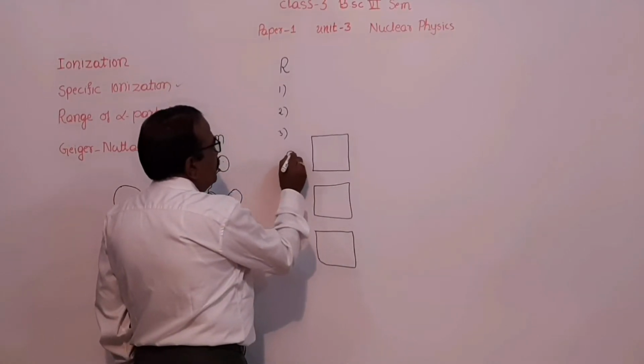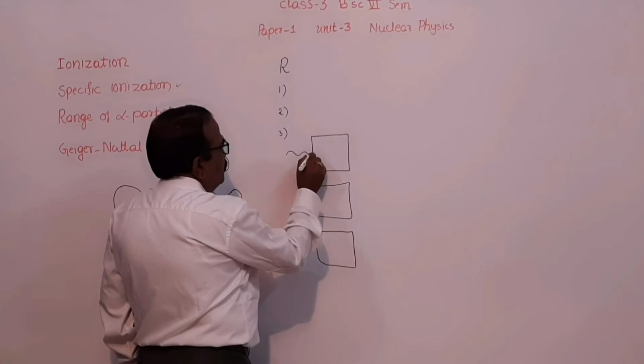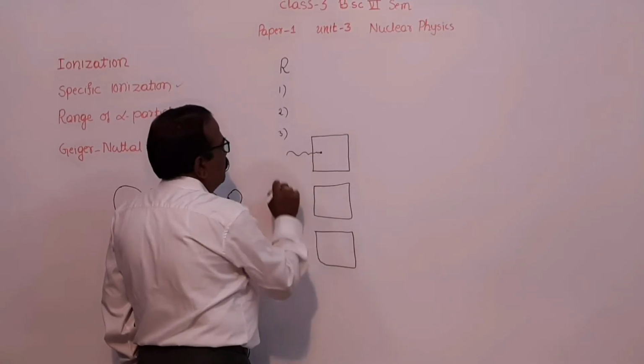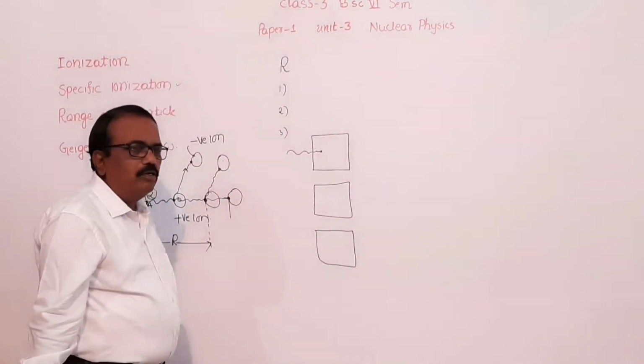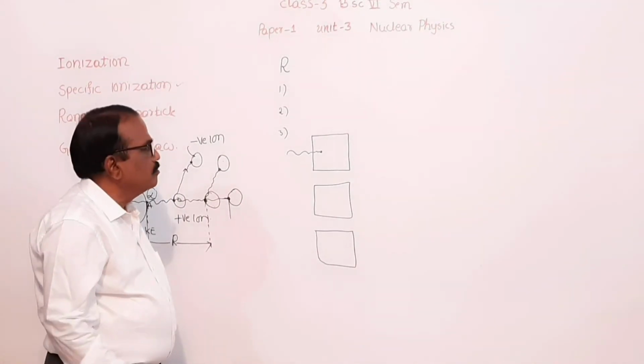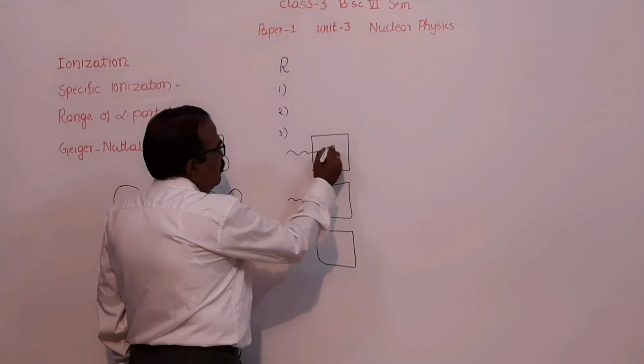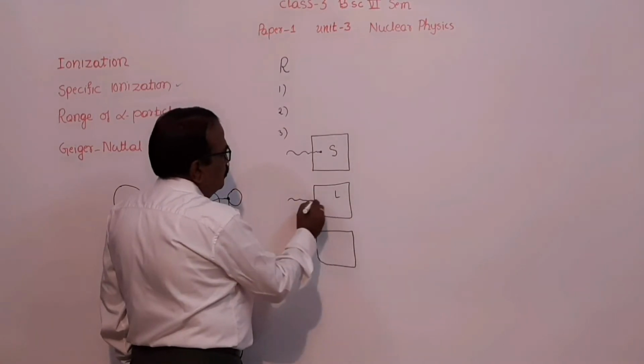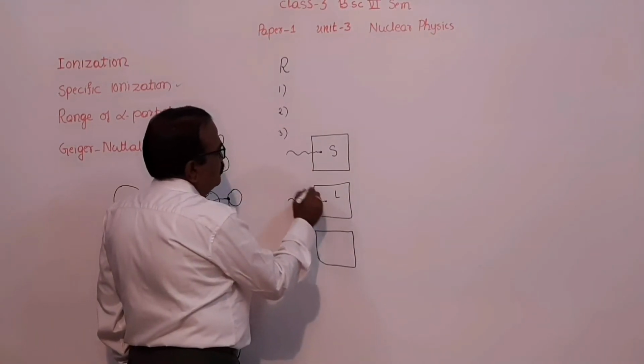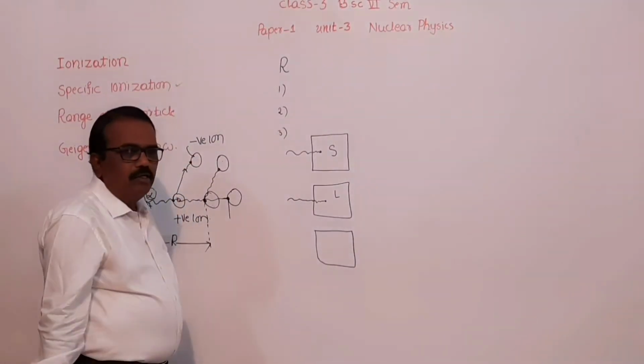Then when alpha particle enters the solid, it may travel a smaller distance in terms of millimeter. When it travels in liquid, it travels a little bit longer distance, again in millimeter.